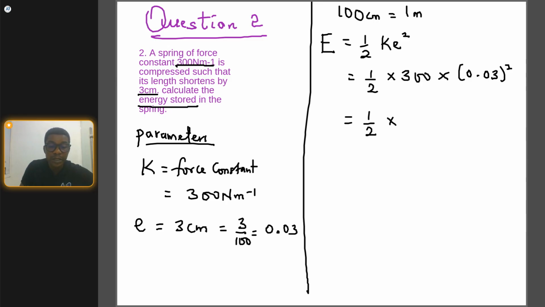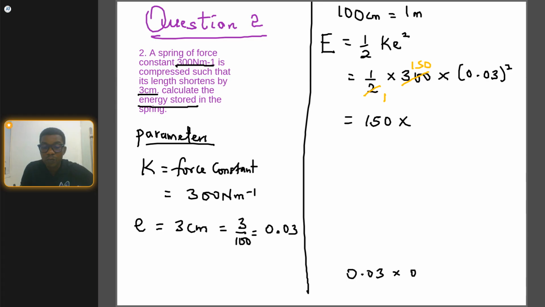Of course, we can simplify this expression. 2 divided by 2 is 1, and 300 divided by 2 is 150. So we are left with 150 multiplied by 0.03.